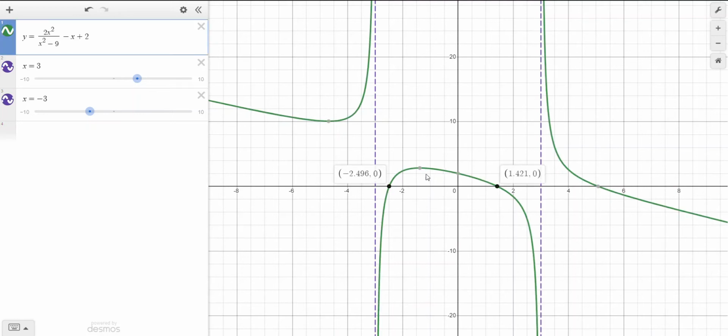Between these two zeros, my graph is above 0 again, greater than 0. And those are just zeros of the function, so I can include those with brackets. From negative 2.496 to 1.421 with brackets.